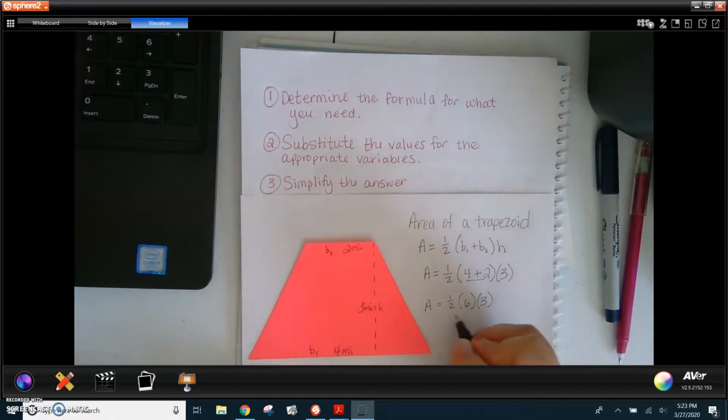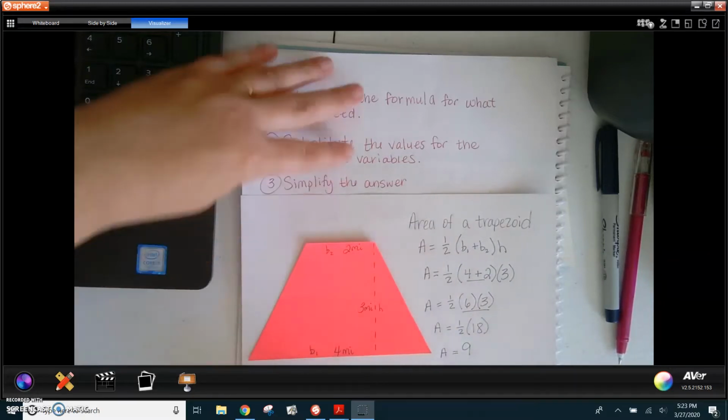Because this is all multiplication, I'm going to start with 6 times 3. And I have 1/2 times 18. So now I have 18 times 1/2, which is the same thing as dividing 18 by 2. So I'm going to have area equals 9. So again, that's 18 divided by 2.